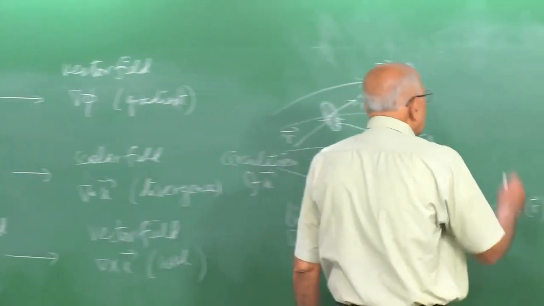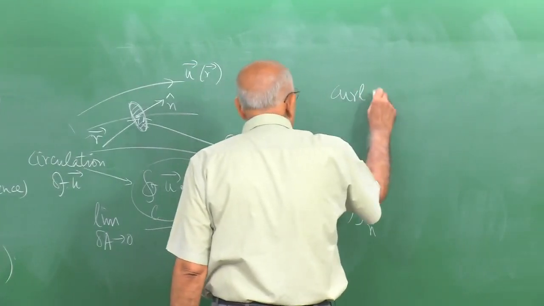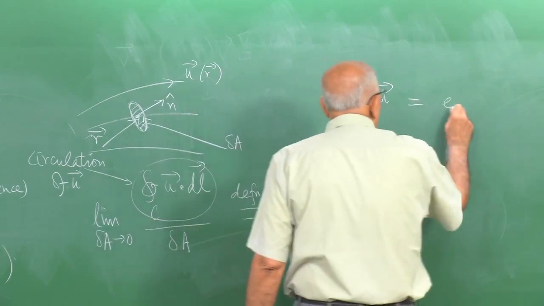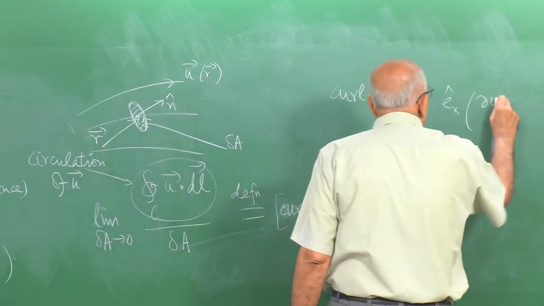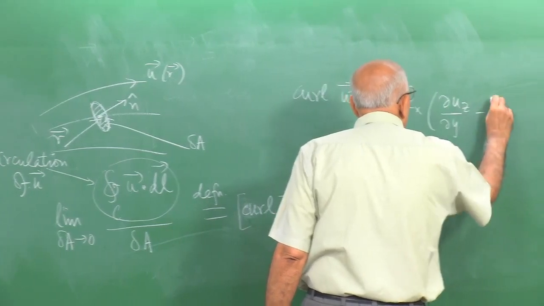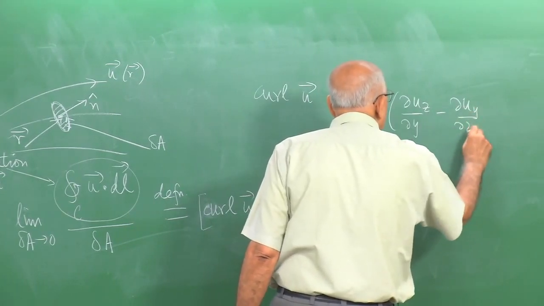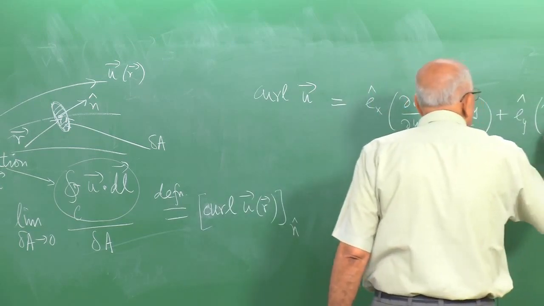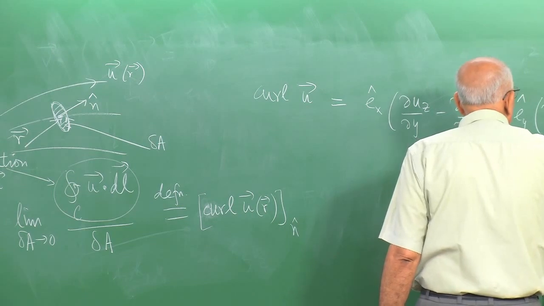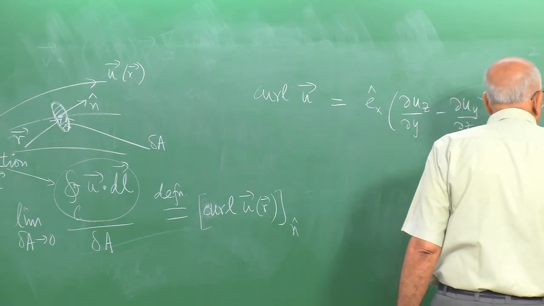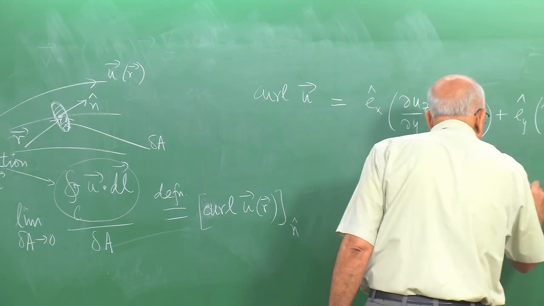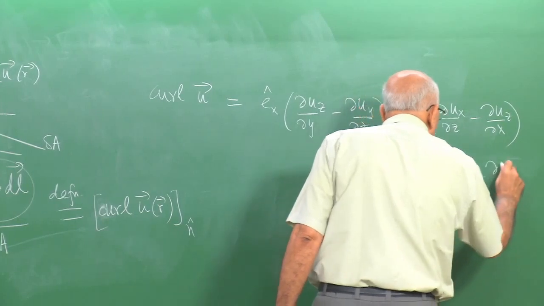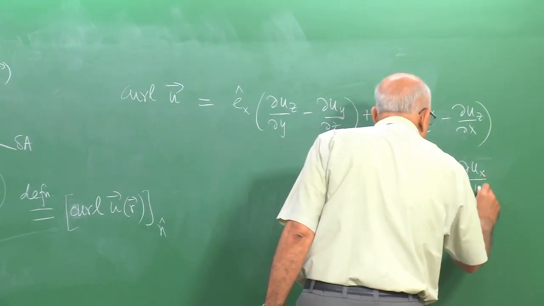For example, it turns out that curl u in Cartesian components is equal to E_x times (∂u_z/∂y minus ∂u_y/∂z) plus E_y (∂u_x/∂z minus ∂u_z/∂x) plus E_z (∂u_y/∂x minus ∂u_x/∂y).